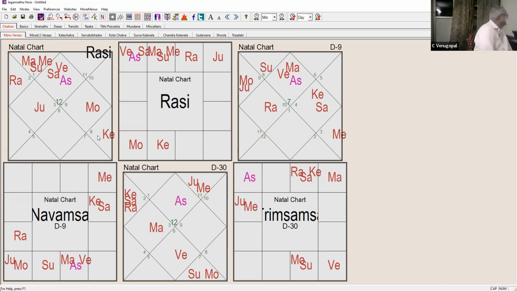And Ketu and Saturn are both placed in the nakshatra of Purva Bhadrapada and another one is Vishaka 4. Vishaka 4 is the Nicha point, that is the debilitated point of Moon. So Moon has been highly debilitated and Mars is staying there.